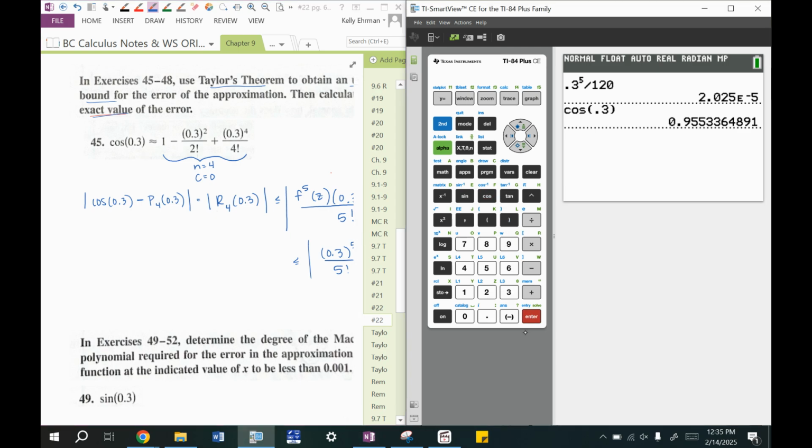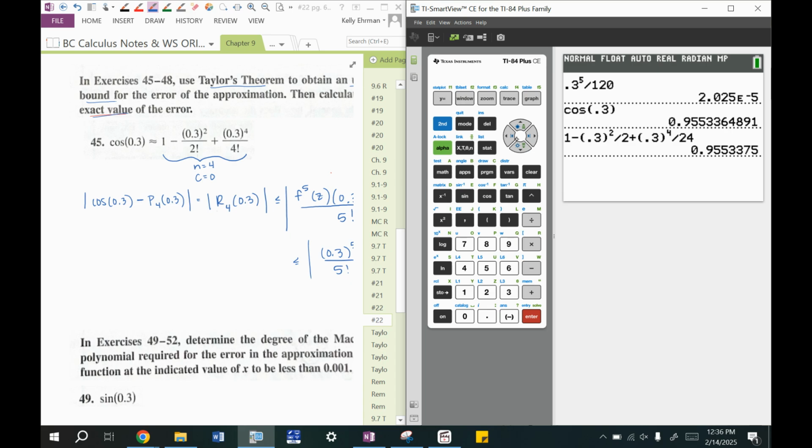That's that answer. Versus what I get when I type in this P4 expression, 1 minus 0.3 to the 2nd. Oh, I have an extra decimal place, extra exponent in there. 1 minus 0.3 to the 2nd divided by 2, that's 2 factorial, plus 0.3 to the 4th, and we're dividing that by 4 factorial, which is 24.